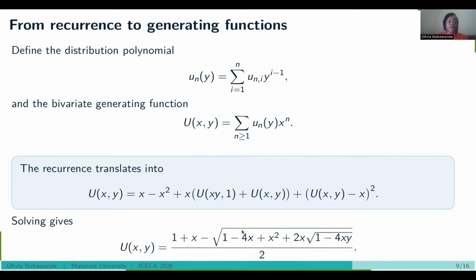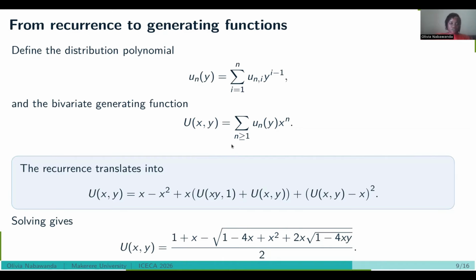Now, from the recursion U_n,i, we can define a distribution polynomial in y, which we define as this, and then a bivariate generating function, which we call U(x,y), as the summation over n of U_n(y) x to the power n.